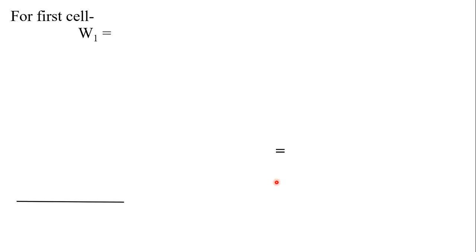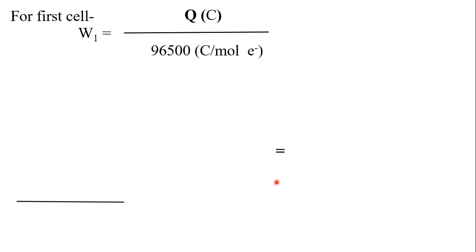So for the first cell, suppose W1 is the mass deposited, and then W1 is equal to Q divided by 96,500 into mole ratio of the first cell into molar mass of the substance deposited in the first cell. The same amount of electricity is passed through both the cells.